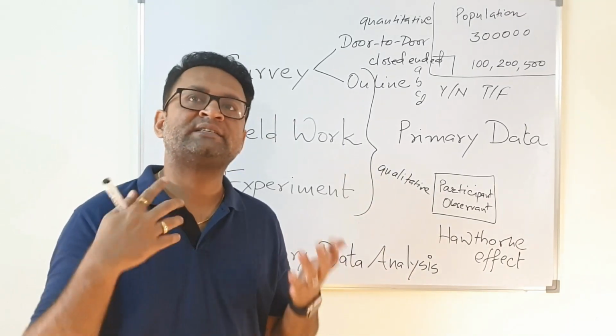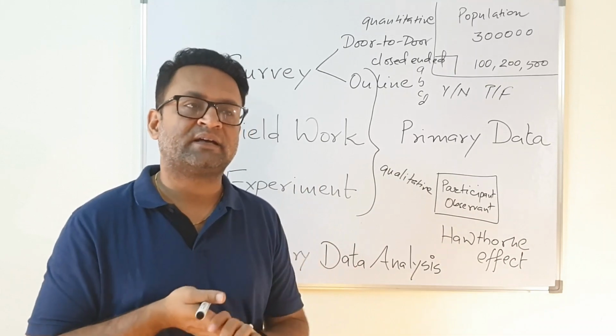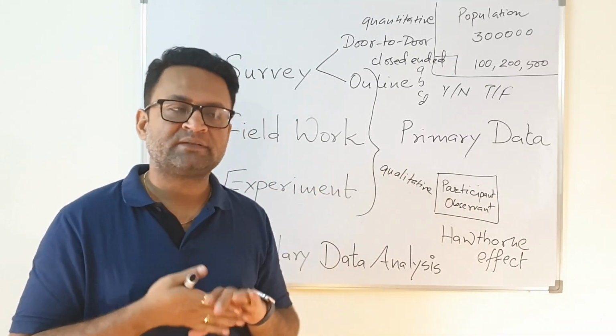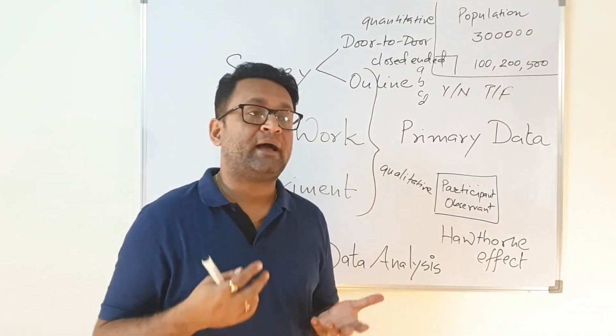Many a times the data is collected for some purpose, but that study could not be conducted, and the data is staying with certain agencies. So we can collect and take the data.